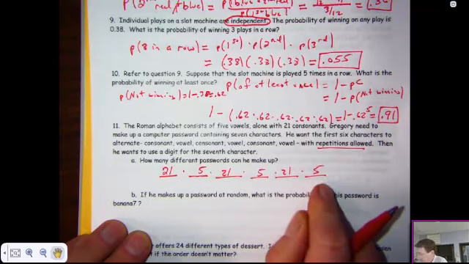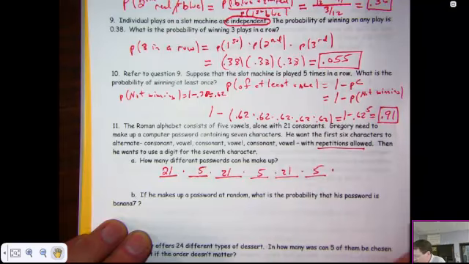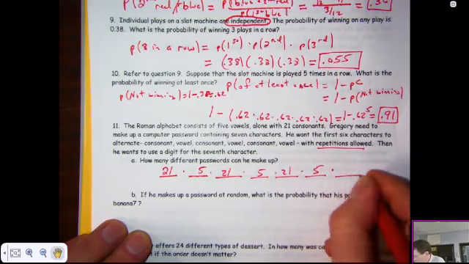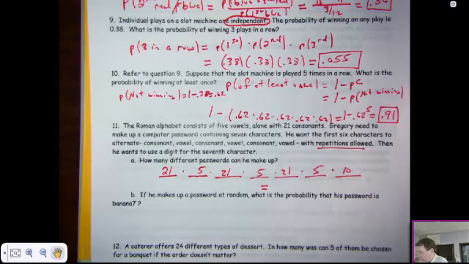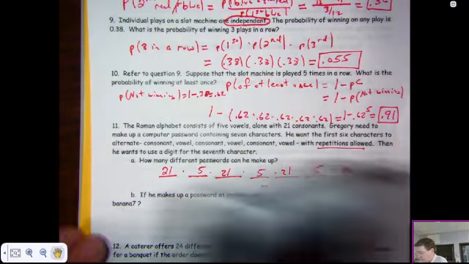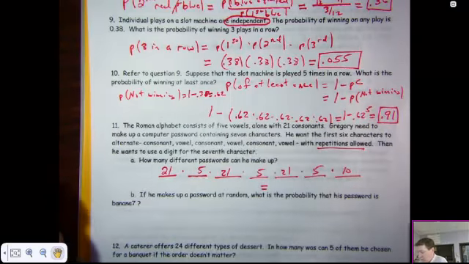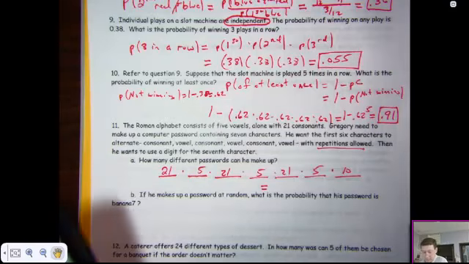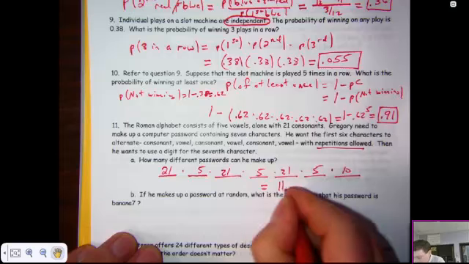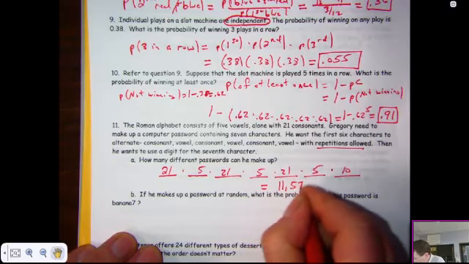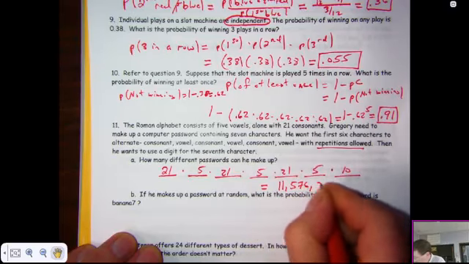The 7th character is a digit, and there are 10 digits. So we're going to multiply all that together: 21 cubed times 5 cubed times 10. I got 11,576,250.